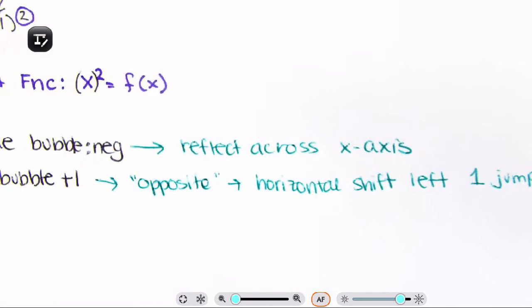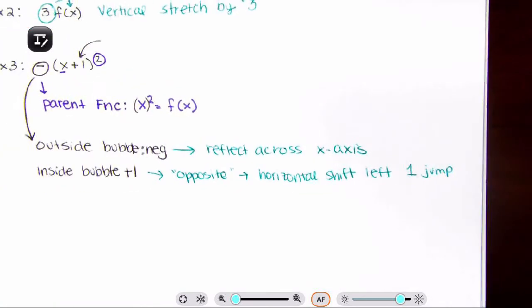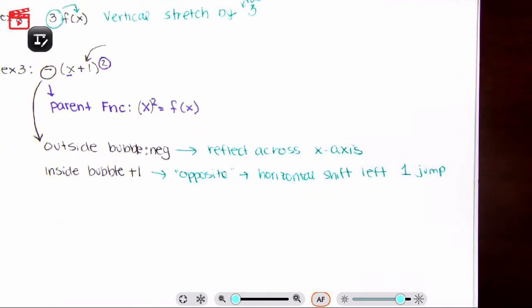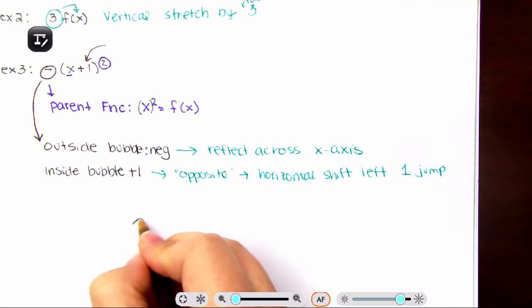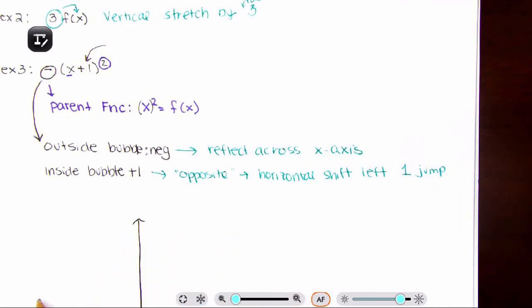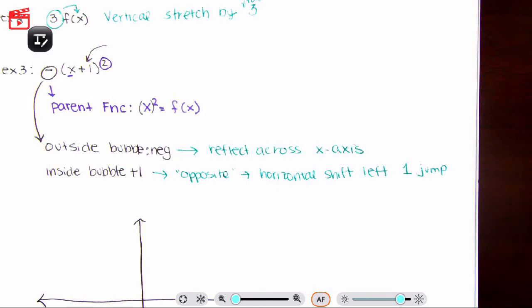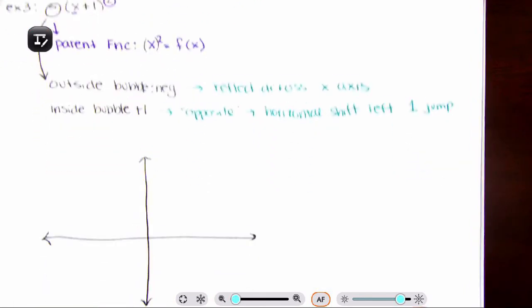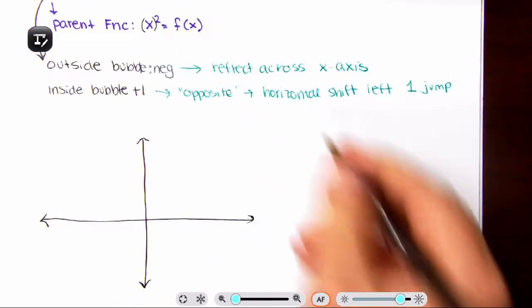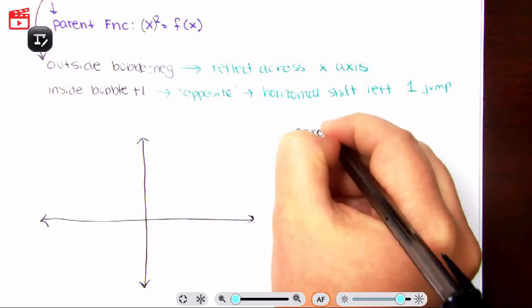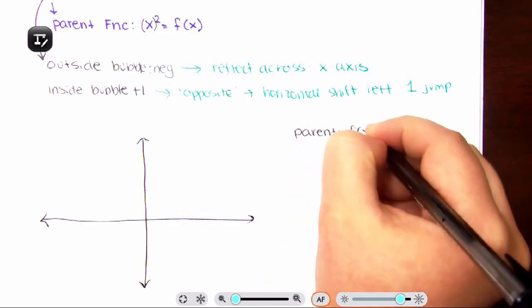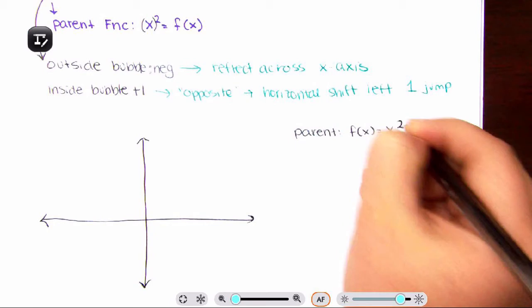So let's actually graph this one. Let's graph the parent function and let's graph the transformation. So I actually will be graphing both on the same axis. So parent function, again, you want your pretty points. So what is for the parent? We said the parent function is f of x is equal to x squared.